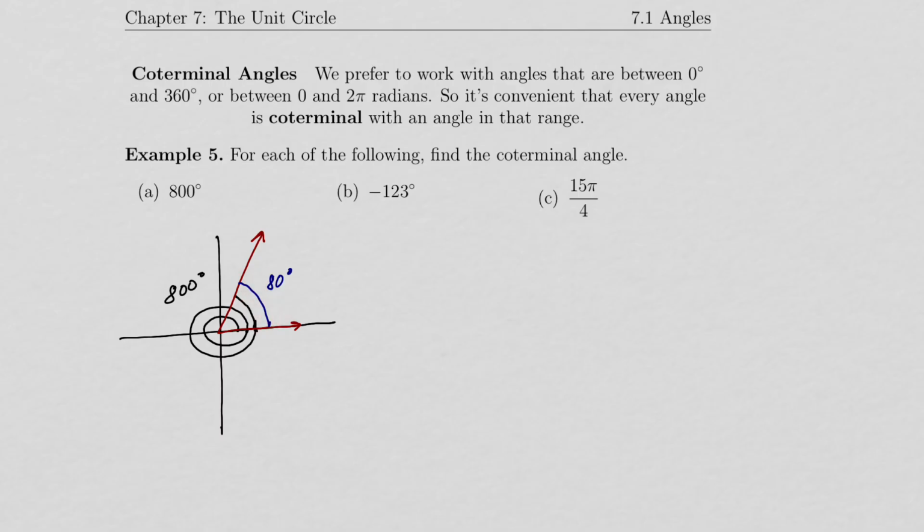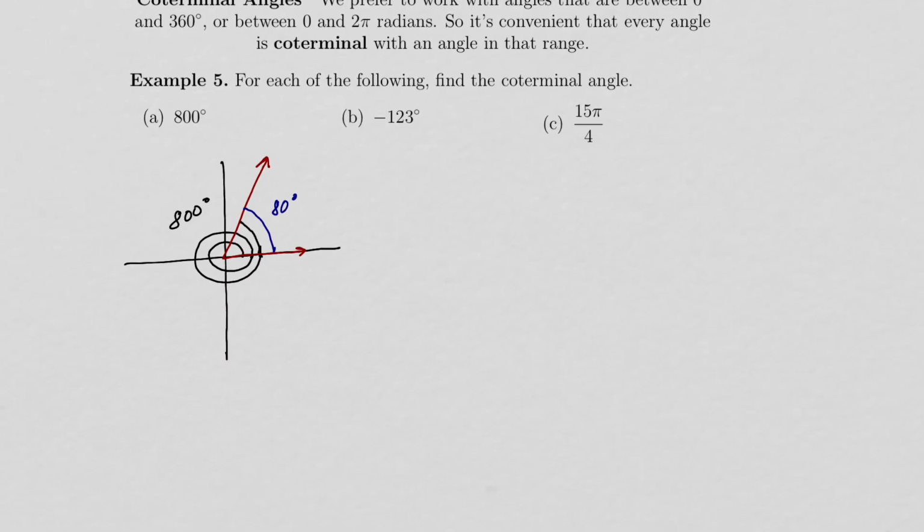But the way to figure this out is if I start with 800, I can basically just subtract 360 degrees until I get in the range between 0 and 360.